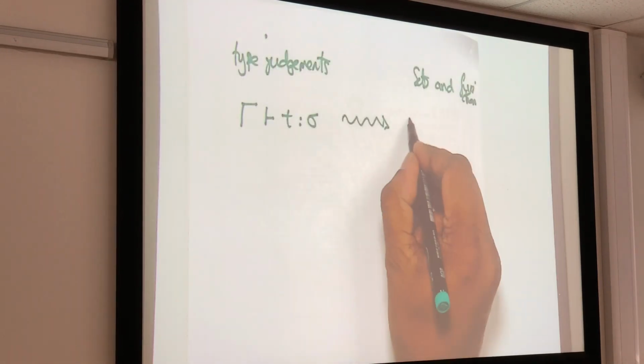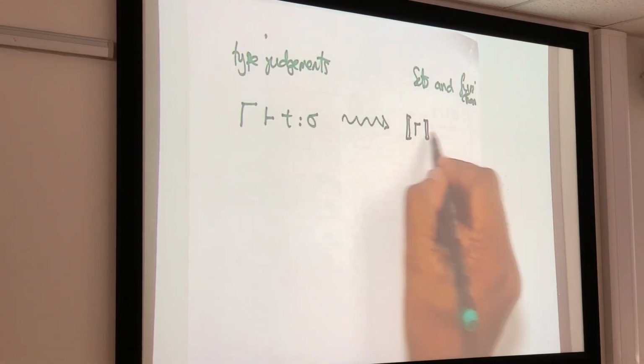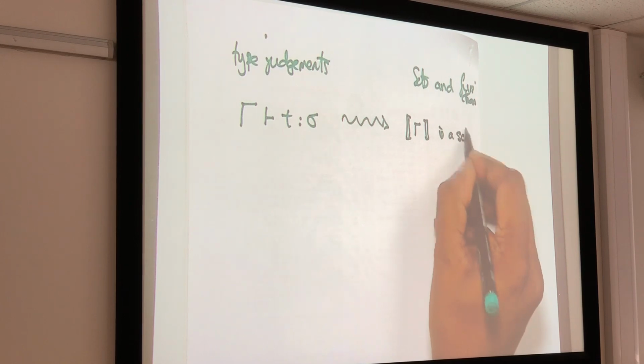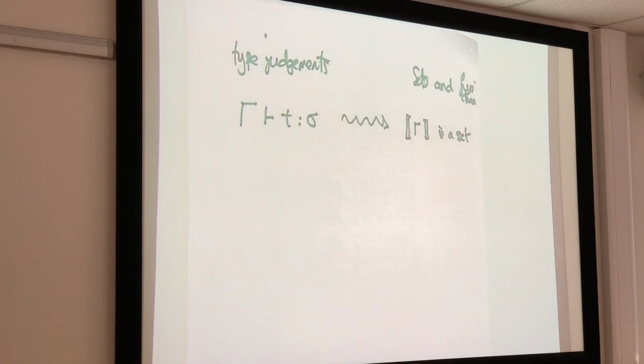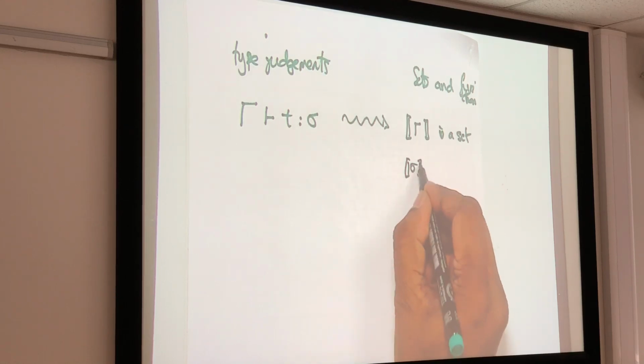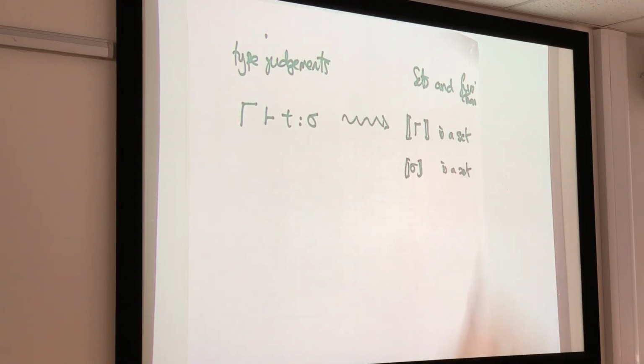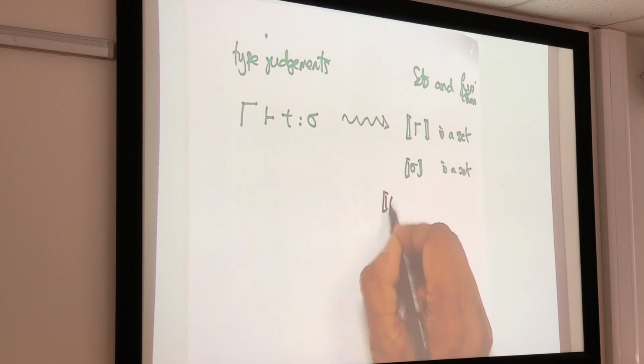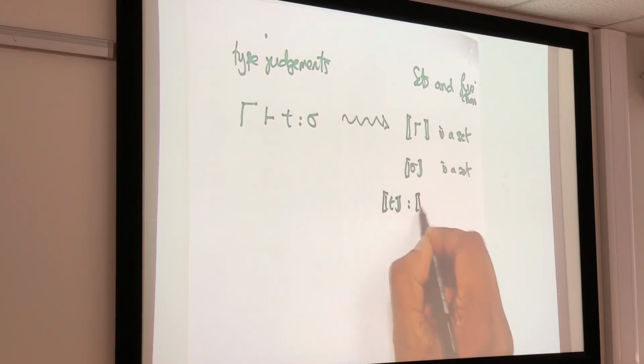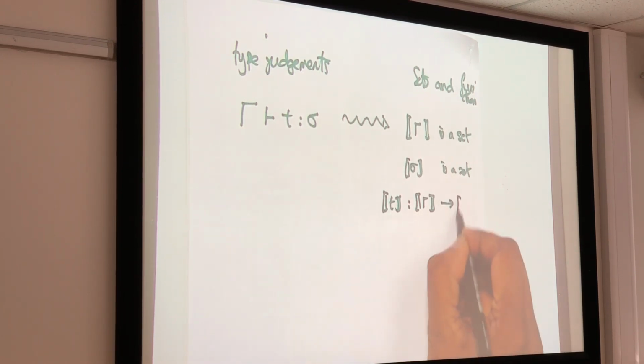So we're going to give a set that represents the context, a set that represents the type of the term. And it could be natural numbers, it could be function types, remember. And also, we're going to give a function that represents the term.